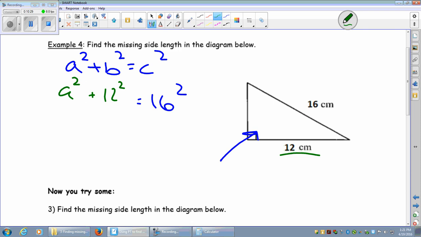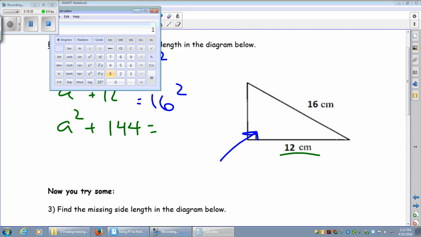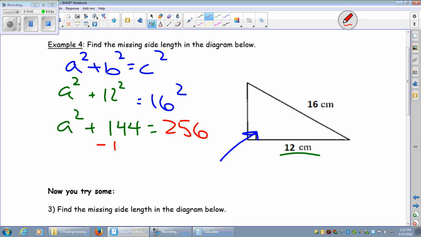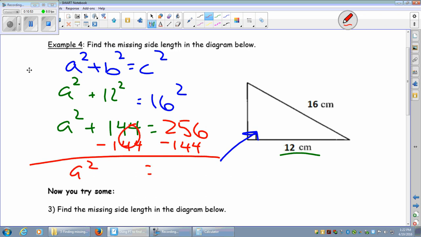I can do some of this in my head. I know that 12 squared is 144, and 16 squared I should know by now, but I forgot. 16 squared is 256. Just like last time, I'm going to subtract 144 on both sides. a squared is 112.